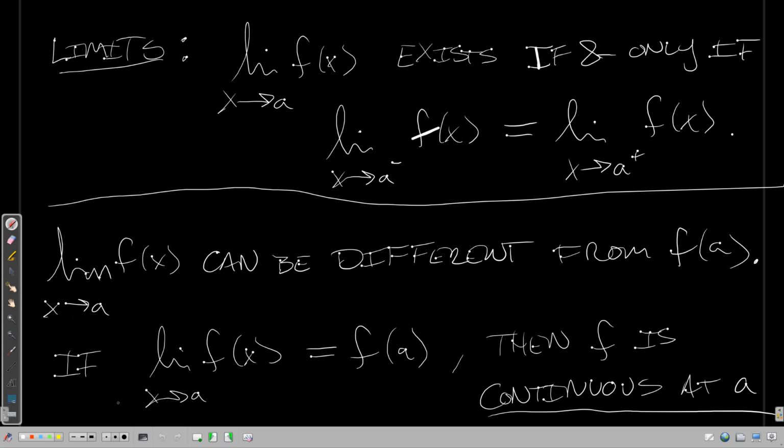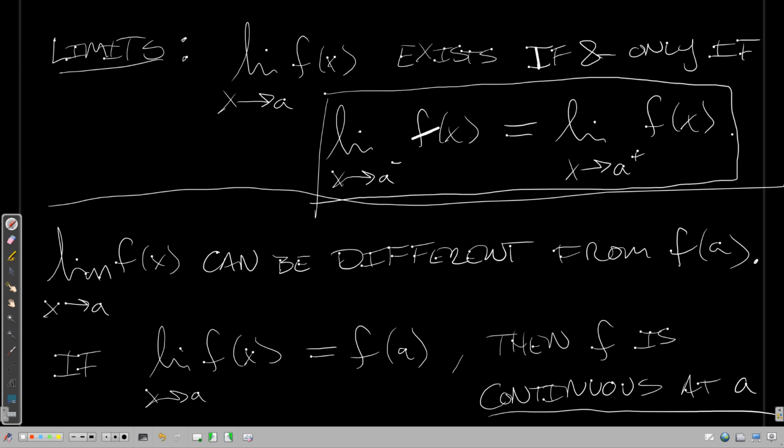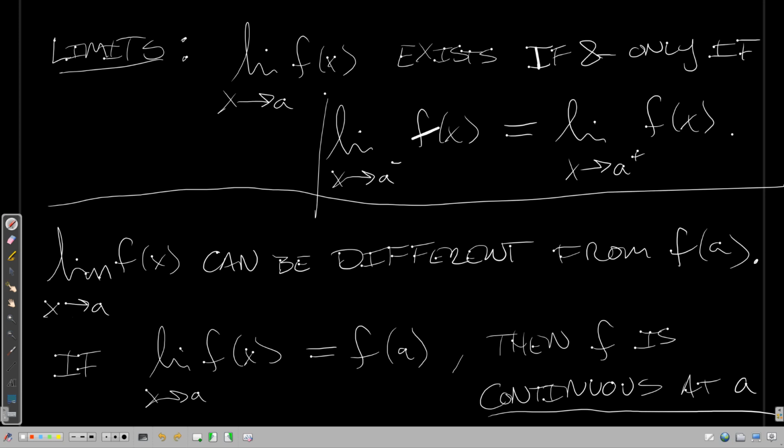When it comes to limits, you know that the two-sided limit exists only whenever the one-sided limits both exist and agree with each other.